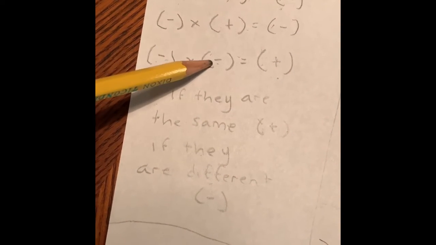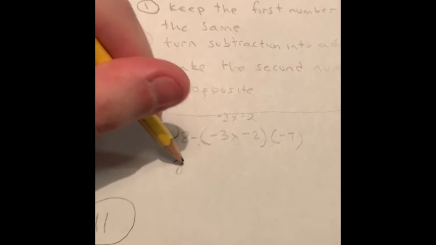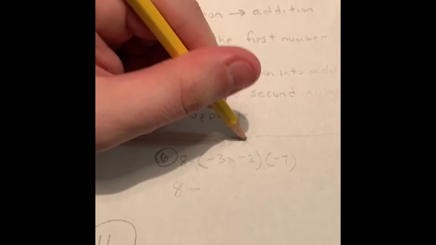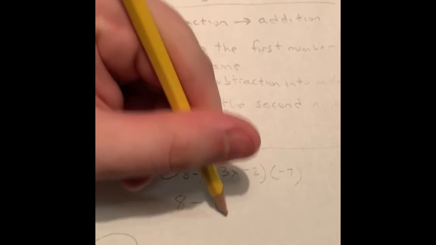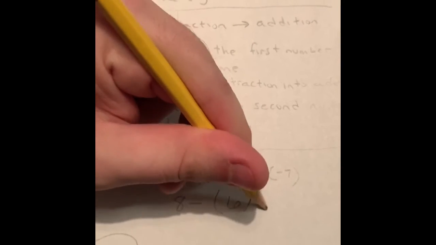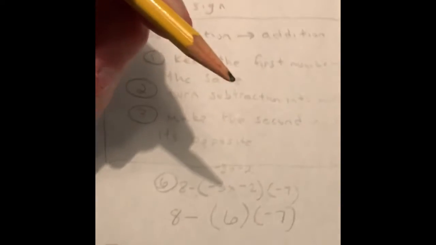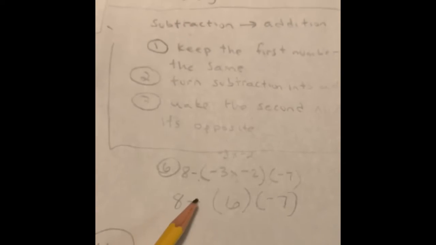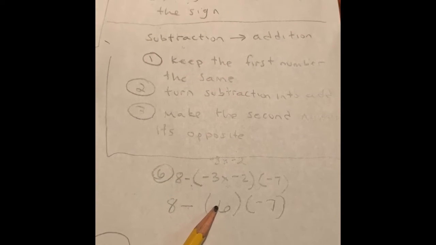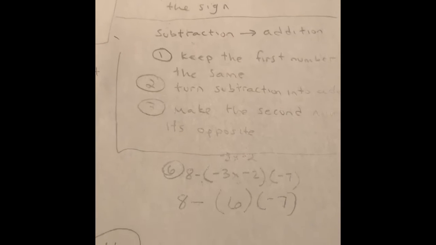Negative times a negative will make a positive. So I'm going to rewrite my entire formula. 8 minus negative times a negative makes positive, and 3 times 2 makes 6, times -7. So I have 8 minus +6 times -7.